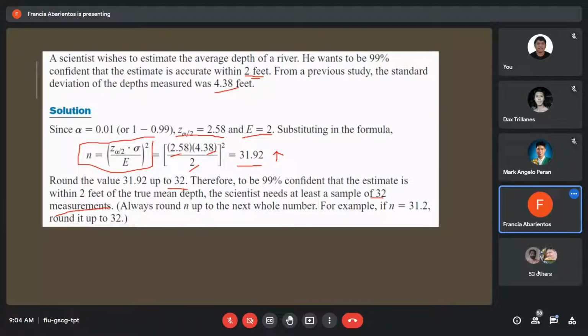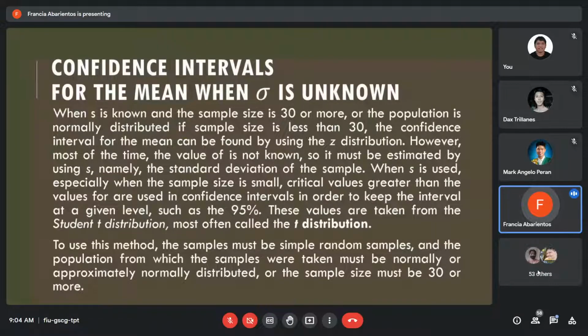Okay? Okay, so ito na. So if the confidence intervals for the mean when the population standard deviation is given, so ano yung gagamitin mo? Okay. Ito class yung gagamitin mo, t-distribution.